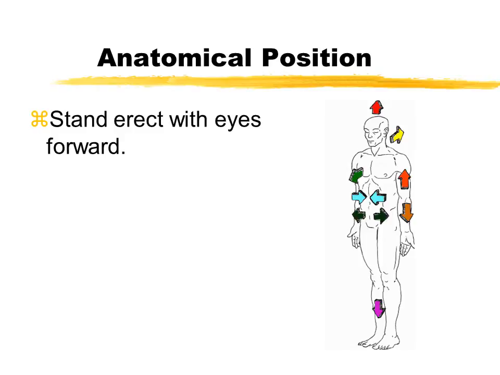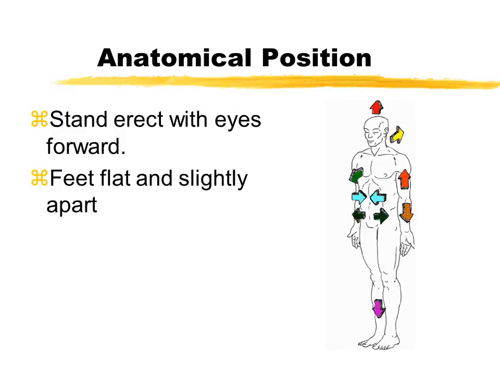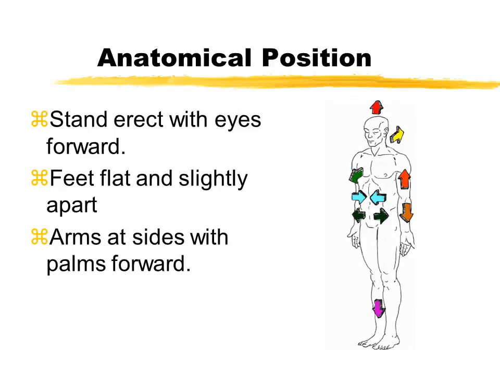Very simply, if you're standing erect with your eyes forward, you're in anatomical position, but you also have to be sure that your feet are parallel and slightly apart, like you see in the picture here on the right. Now, it's very important on the last point here that your arms are forward. Palms are forward, thumbs out to the side, because in this position, the bones in your forearms, for example, are straight.